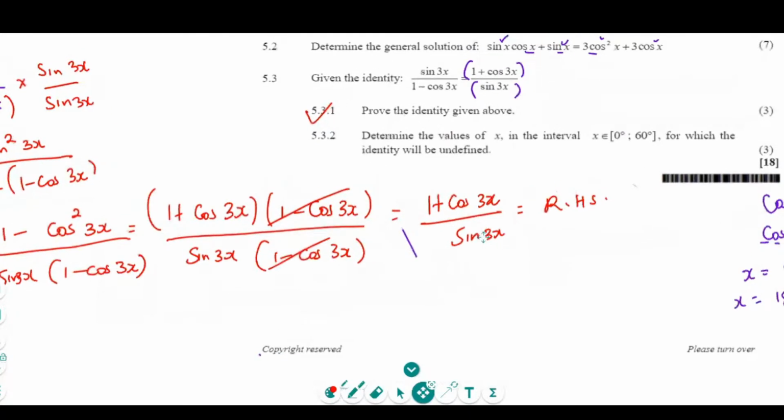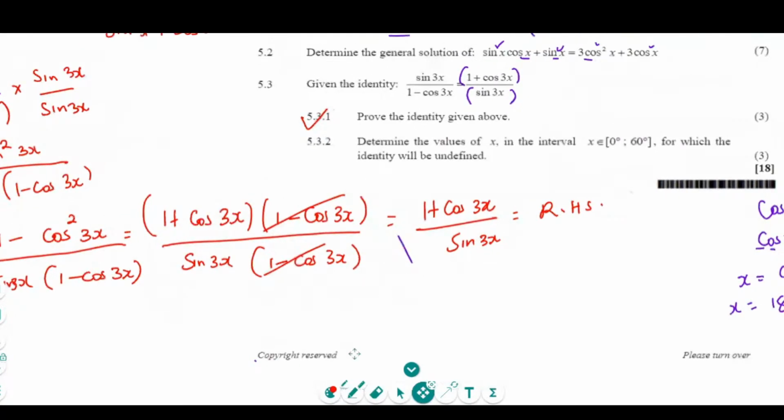5.3.2. They want us to determine the values of x within this interval of 0 to 60, for which the identity will be undefined. For something to be undefined, we need to make sure that the denominator is 0.